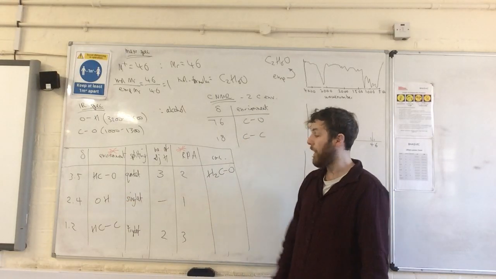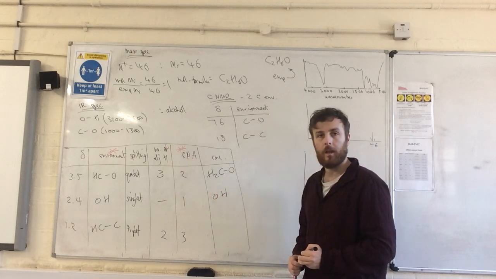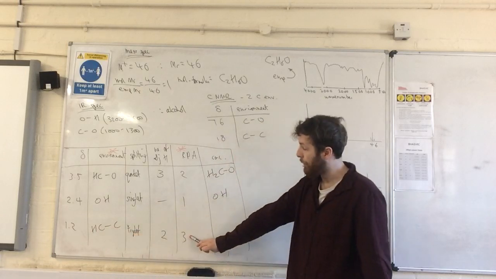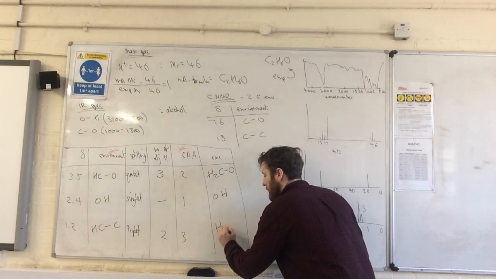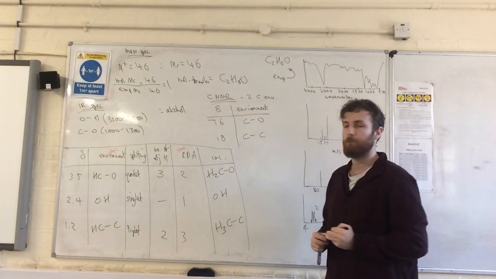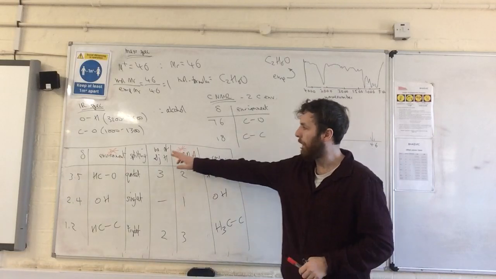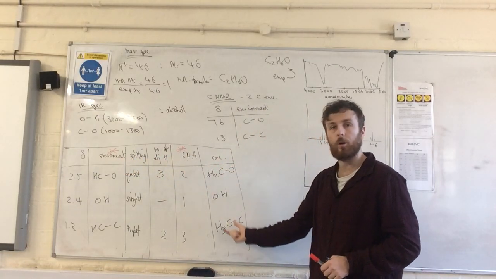I have 1 hydrogen in that environment, so that's just an OH. And then I have a H to C to C, but I have 3 hydrogens in that environment, so I must have a H3C to C. So that's the first fancy trick, combining the environment and the relative peak area to get your conclusions.